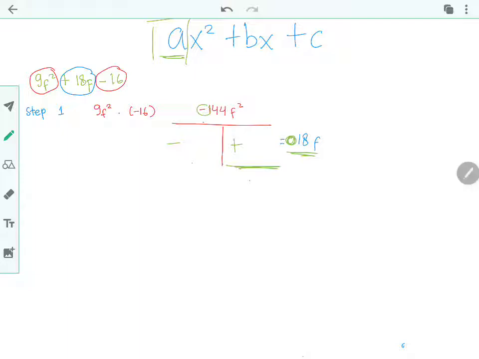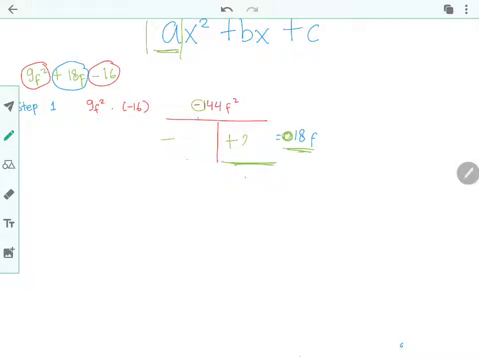After thinking, you will know that it will be 24f and negative 6f. Negative 6f plus 24f equals 18f.